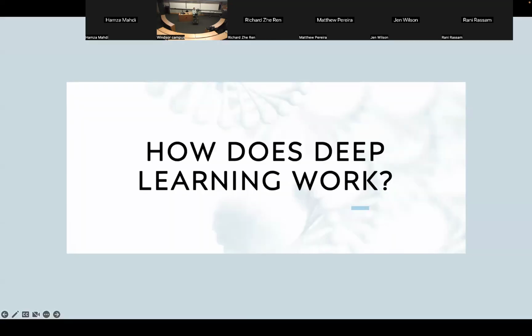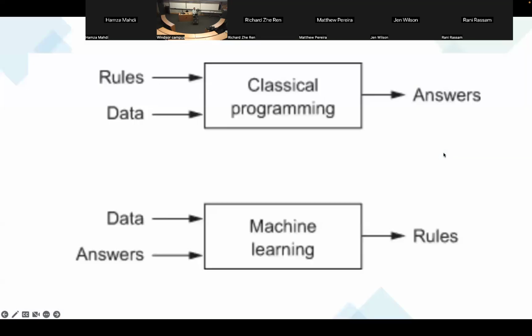So how does it work? I'm not going to spend too long on this, because as physicians, we care more about the use and not how to actually make AI. Computer scientists do that. But just as an overview, in the old days, we used to come up with rules like the SIRS criteria.